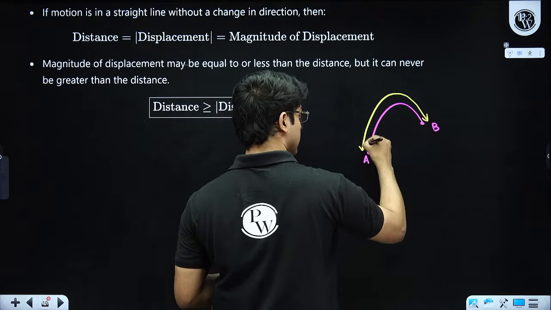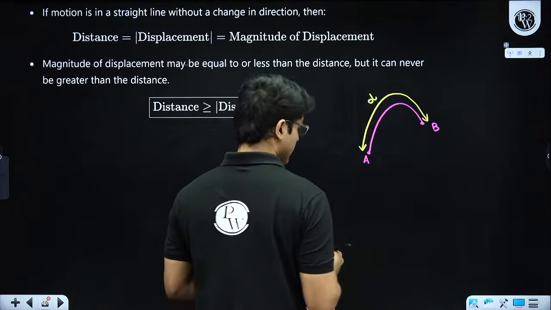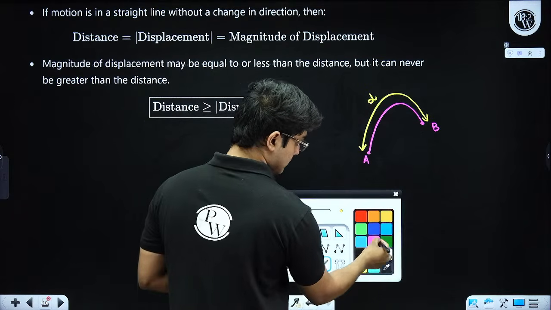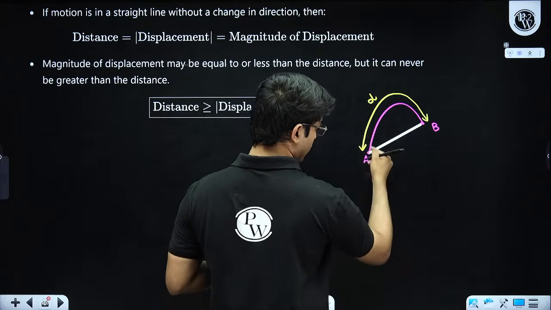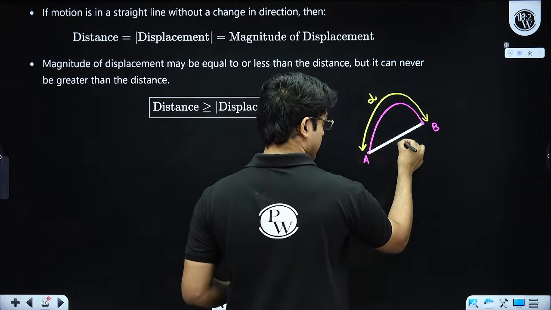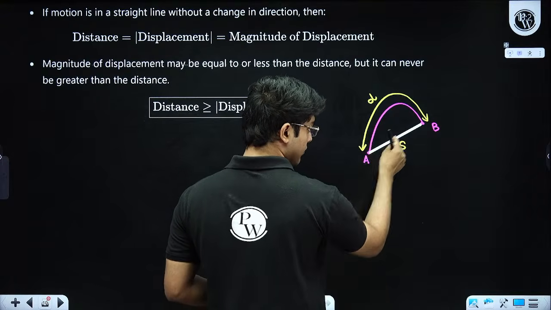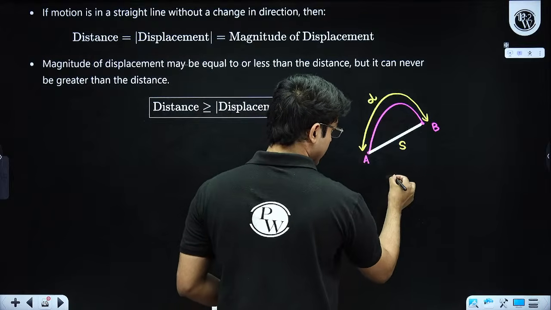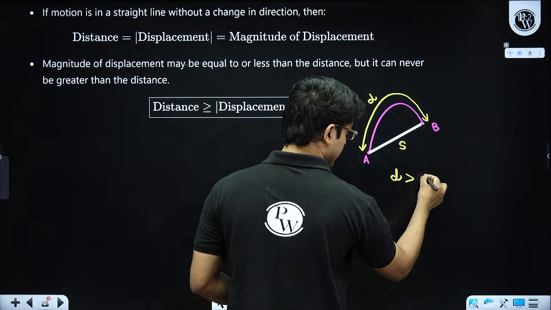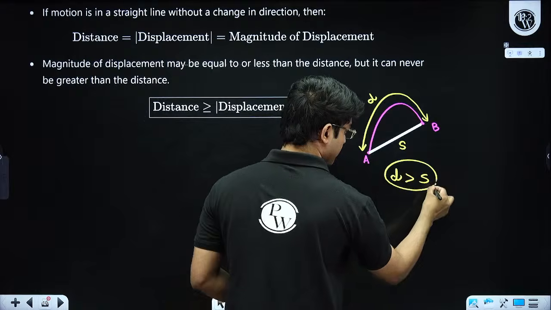The length of this curve will be the distance d, and the magnitude of displacement will be the length of this straight line. So, as you can see, d is bigger than the displacement's magnitude, right.